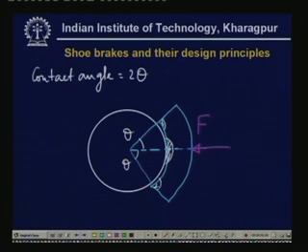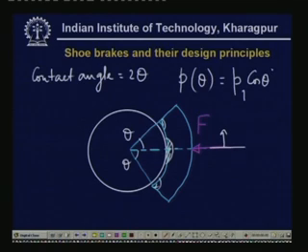Normally it is taken that the normal pressure is a function of theta, as you can see, theta is measured from this reference line. So, P theta is, let us say, P1 cosine theta. So, this is roughly the distribution which we take for this case.